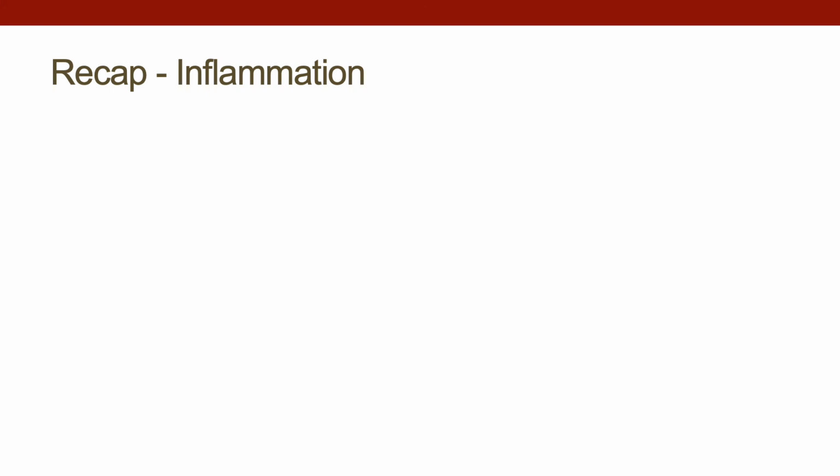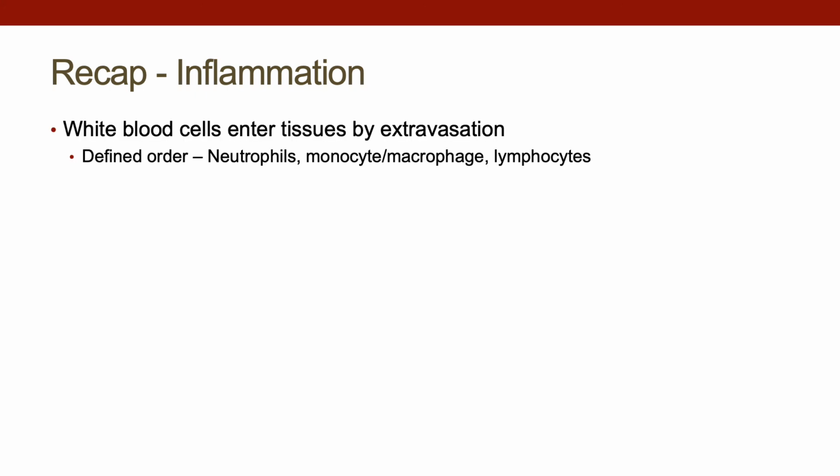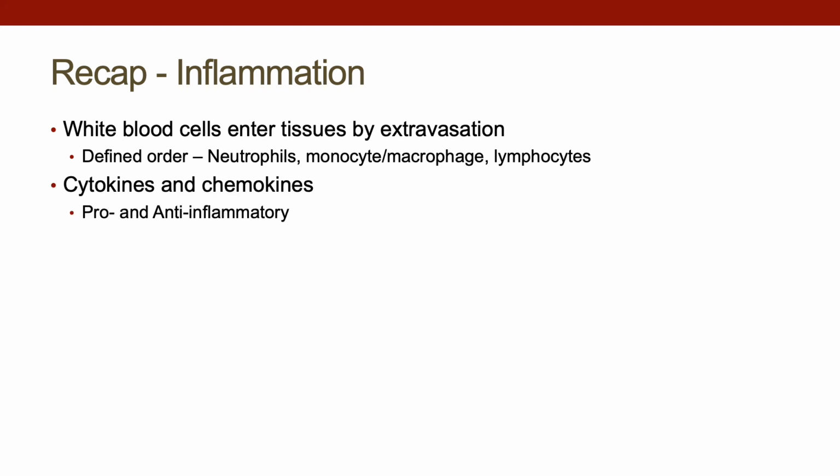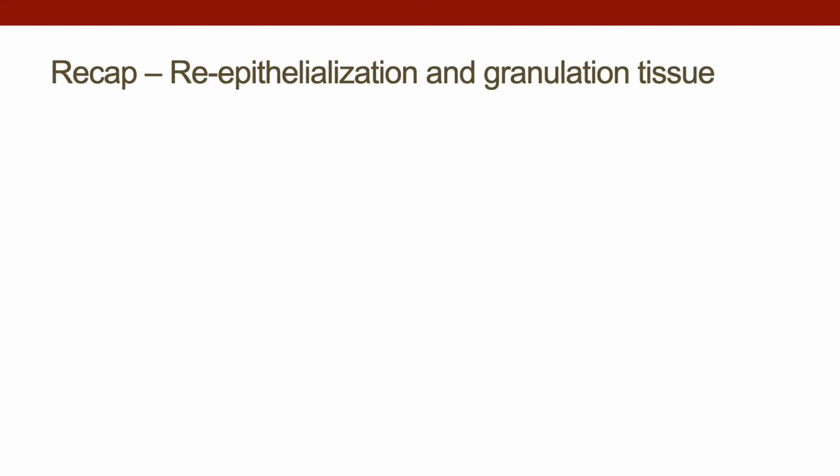We talked about inflammation, that white blood cells enter tissues by extravasation. There's a defined order of neutrophils, monocytes, then lymphocytes in terms of which cells are entering tissues over time. Cytokines and chemokines are involved. There are some pro- and anti-inflammatory cytokines, generally.